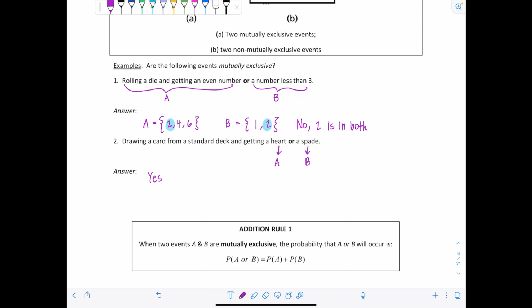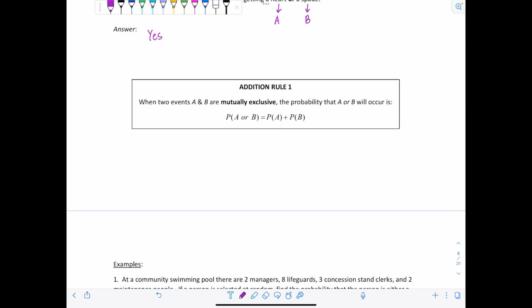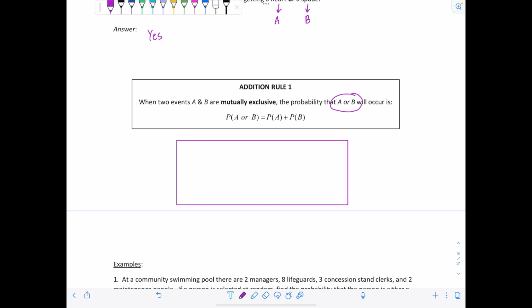All right, so here's our first probability rule to compute when you do have two events that are mutually exclusive. The probability that A or B will occur is the probability of A plus the probability of B, okay? And if you want, let's make a little diagram here. So remember, the probability of all of the outcomes in a sample space is always 1.